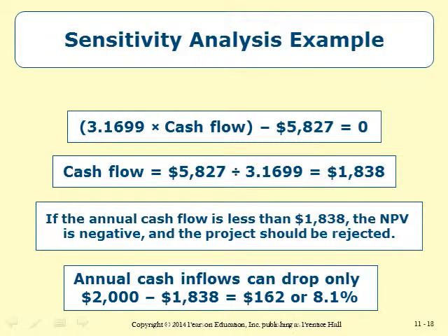Therefore, annual cash savings can drop only $2,000 minus the $1,838, or $162, or 8.1% below the predicted amount before the managers would change their decision. And we got to that amount by simply dividing the initial cash outflow, or required investment, of $5,827 by the present value interest factor of the annuity to get $1,838.